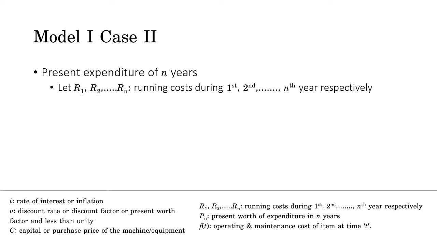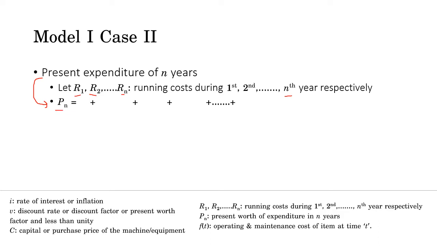For this, we assume that R1, R2, and so on up to Rn are the running costs during the first, second, and consequently up to the nth year. If you want to calculate this present expenditure for n years, represented by capital P subscript n, how are we going to do that?